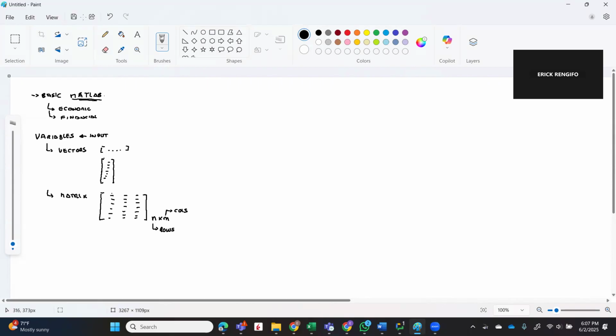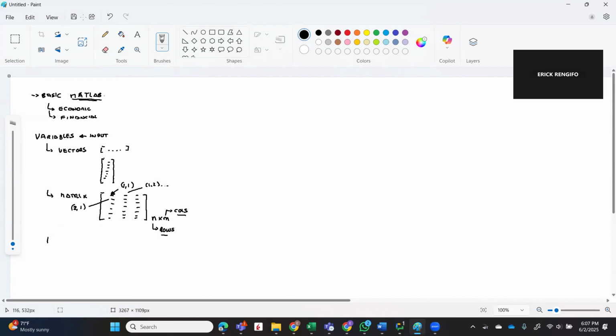In MATLAB, guys, and this is different from R, this position here is called position 1, 1. Okay, so this one here is position 1, 2, etc. And this position here is going to be row 2, column 1, etc. Okay, so always rows and columns. This is the way it works.